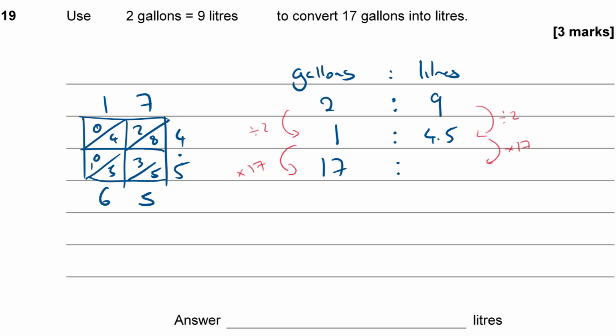Carry 1, so 2, 4, and 1 makes 7. So that comes out to be 765. But I had a decimal point there, so I'm going to have a decimal point here. So that comes out to be 76.5 litres. You might multiply differently. You just need to have a method that works for you.